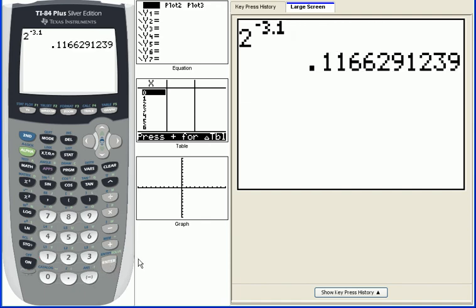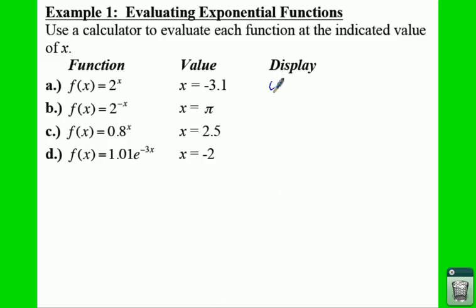That gives you 0.116629 and so on. We're going to round to 4 decimals. So our answer here is 0.1166. You don't have to write out any further.